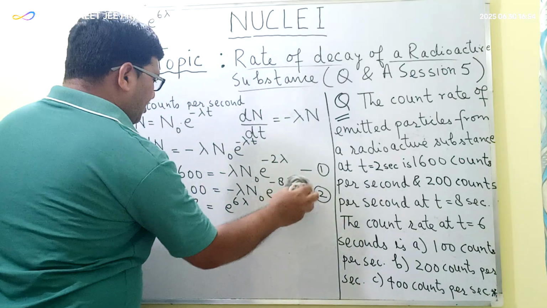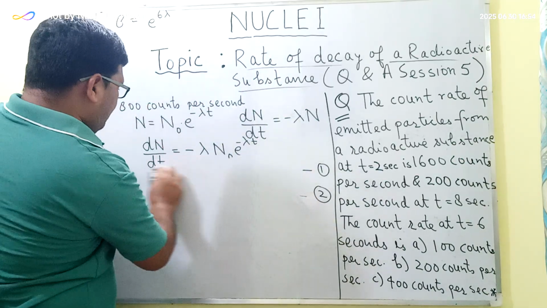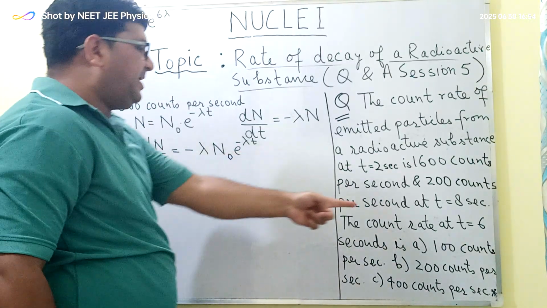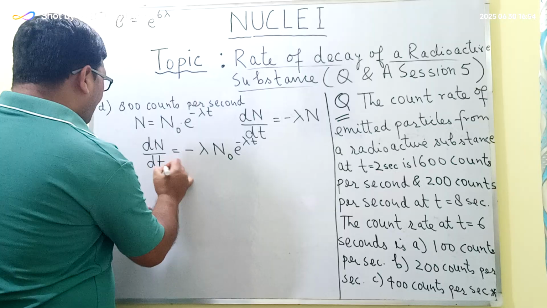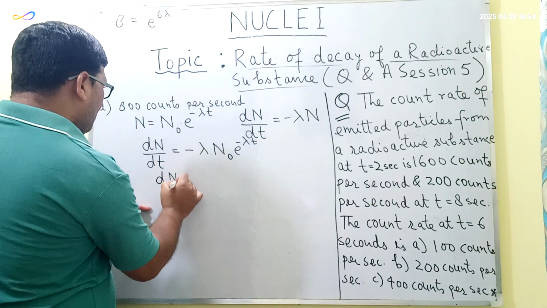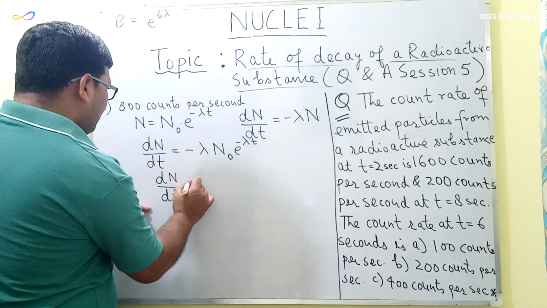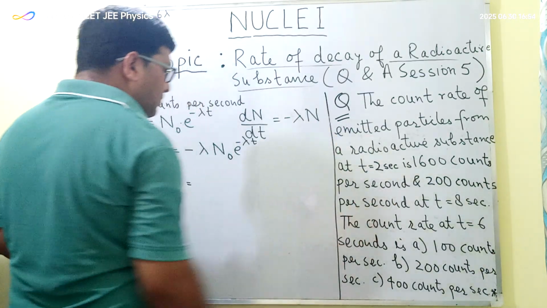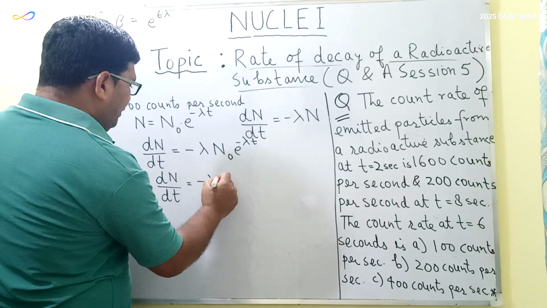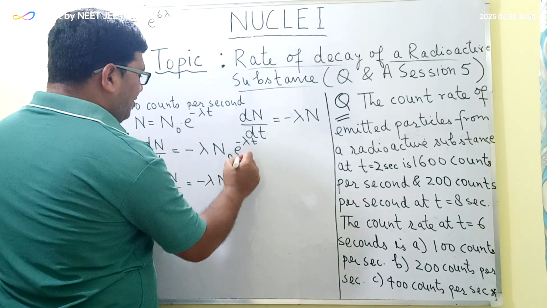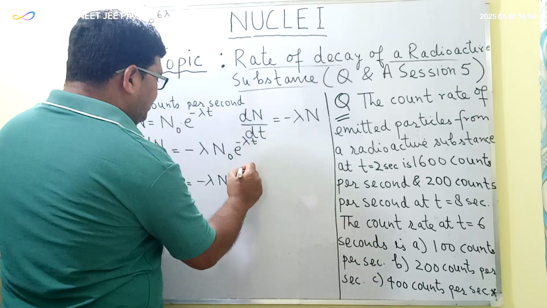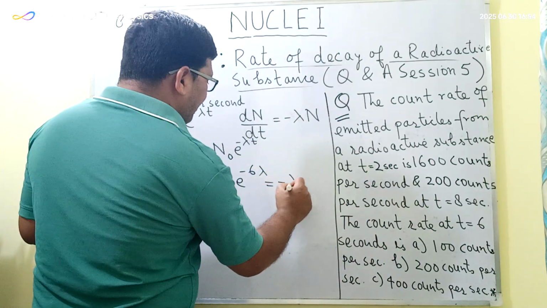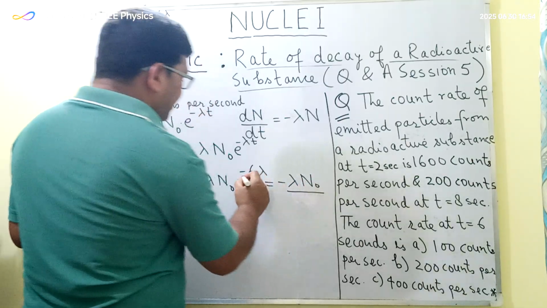Now, we have to find the count rate at t equal to 6 seconds. So dN upon dt, the rate of decay of this radioactive substance at t equal to 6 seconds, will be equal to minus lambda N naught multiplied by e to the power minus 6 lambda, or simply minus lambda N naught upon e to the power 6 lambda.